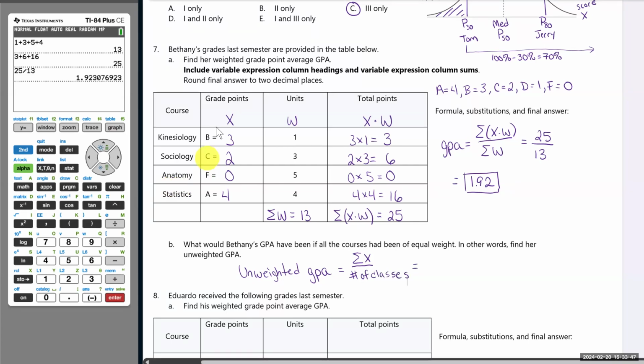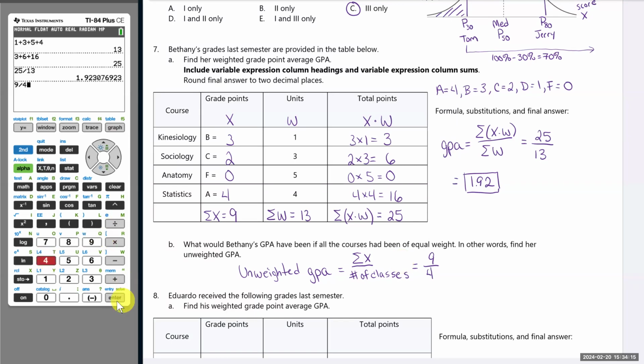All right, so in this case, we would add the grade points. You can forget about the weights because all the, oops, sorry, not W. We're not doing weights. We're adding the points for each class, disregarding weights. So 3 plus 2 plus 4 will be 9. So we're going to take 9 points and spread them across her 4 classes.